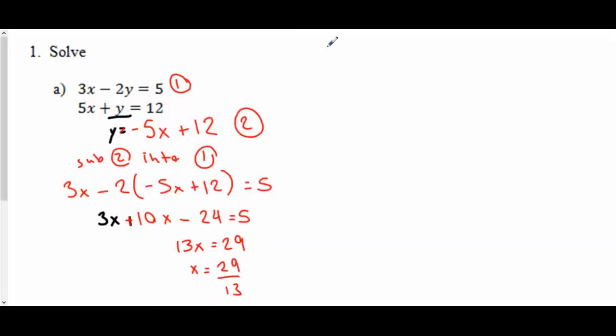Then I need to sub that into one of the two equations. I'm going to sub that into equation 2, just because that's already rearranged for y, right? So plugging that in, I should be able to easily get y without having to do any rearranging. So sub x equals 29 over 13 into 2. I'm out of space here on my page, apparently.